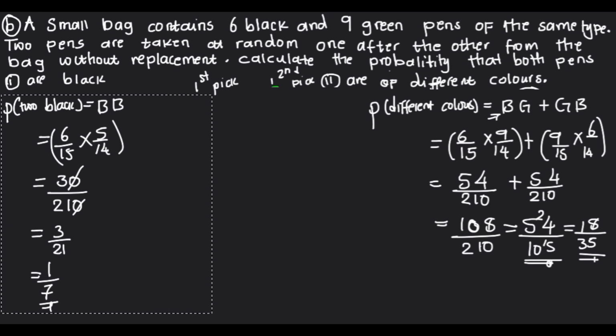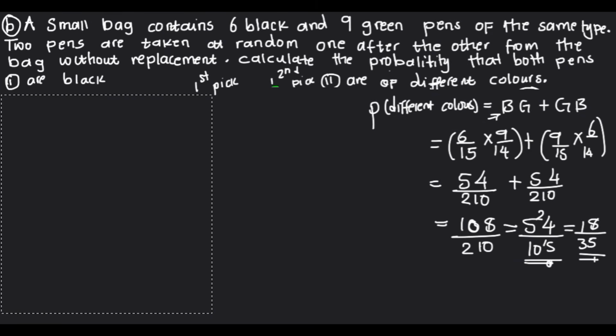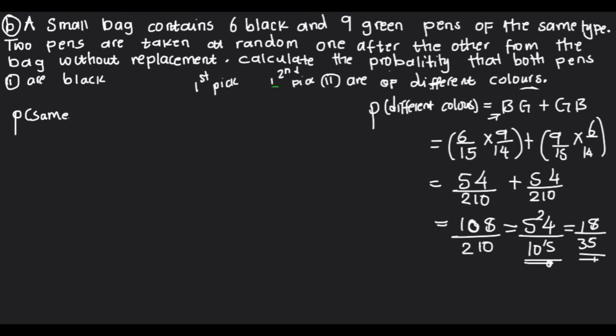So if we look at the same color, we'll say probability of same color. So for us to get same colors, we need to add probability of picking blue plus probability of picking green.